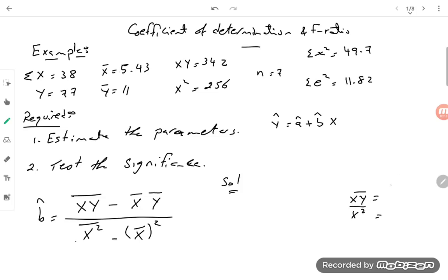It's calculated as summation xy divided by n, and x squared bar as summation x squared divided by n. If n equals 7, it will be 342 divided by 7, and in the second case, 256 divided by 7.